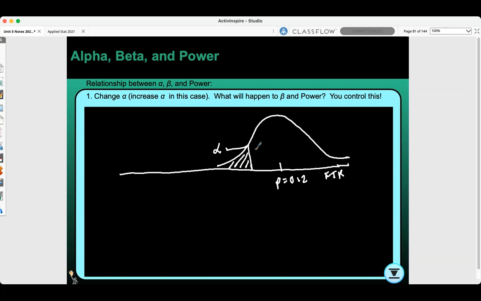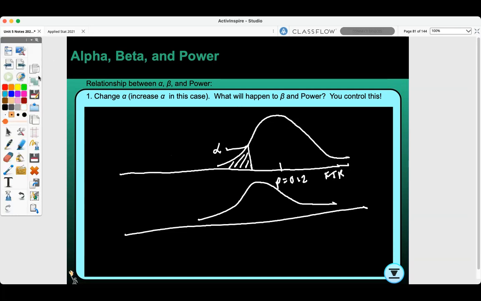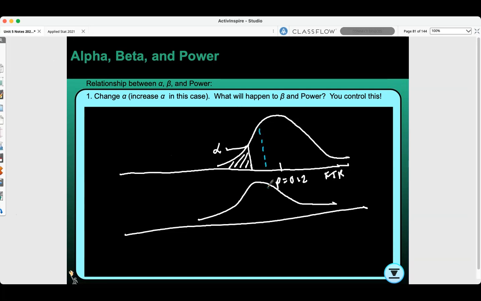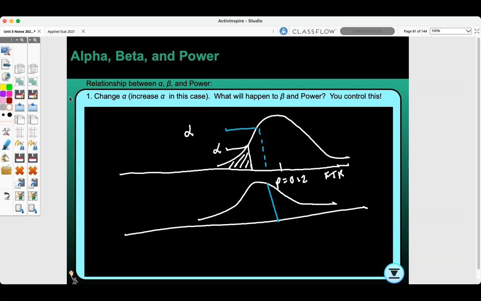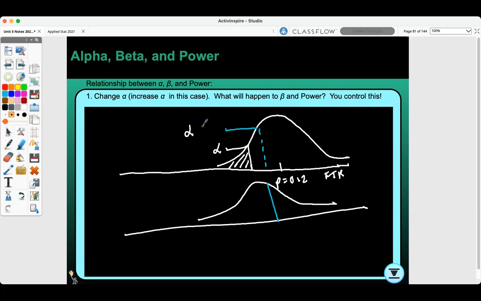If I were to increase my alpha, what would happen to power and what would happen to beta? So if I were to draw the same thing underneath, and I would increase my alpha, say we increased it out to here, this is my second alpha. So the first one, white, is less than my second one, which I have in blue.